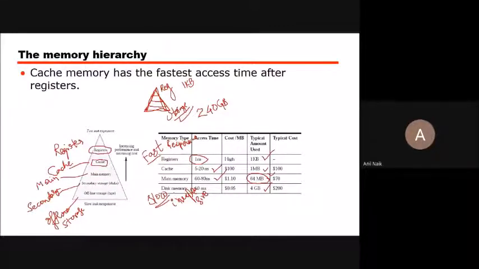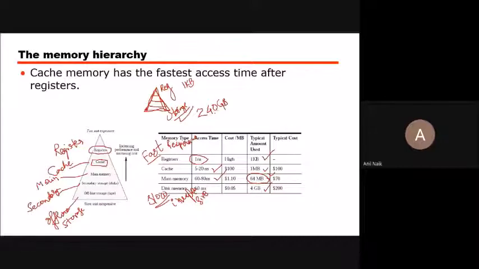Normally, when you purchase a mobile phone, if you go for higher memory like 8 GB RAM or 6 GB RAM, the cost of the mobile is more, around 20,000, 25,000. And if you purchase 2 GB RAM or 3 GB RAM, then the cost is less.